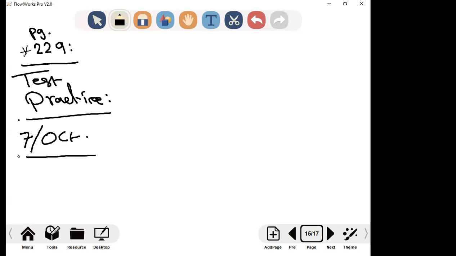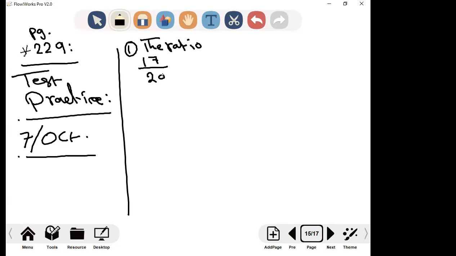How many correct answers? 17, with the total. So what will the fraction be? 17 over 20. If the question said write the ratio of the total questions to the correct answers, it would be 20 over 17. Got it? So here our ratio for question 1 is 17 over what? 20. This is the ratio.